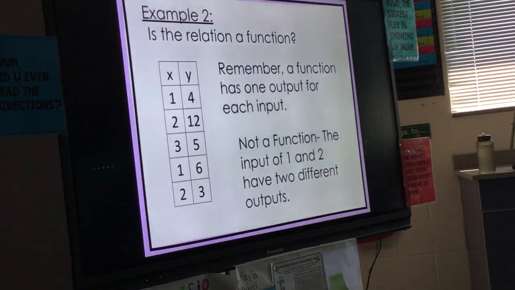And you can even put in that space right above where you wrote the vertical line test, you can also put no pattern, because the pattern is a big thing. Thumbs up when you're ready to move on.